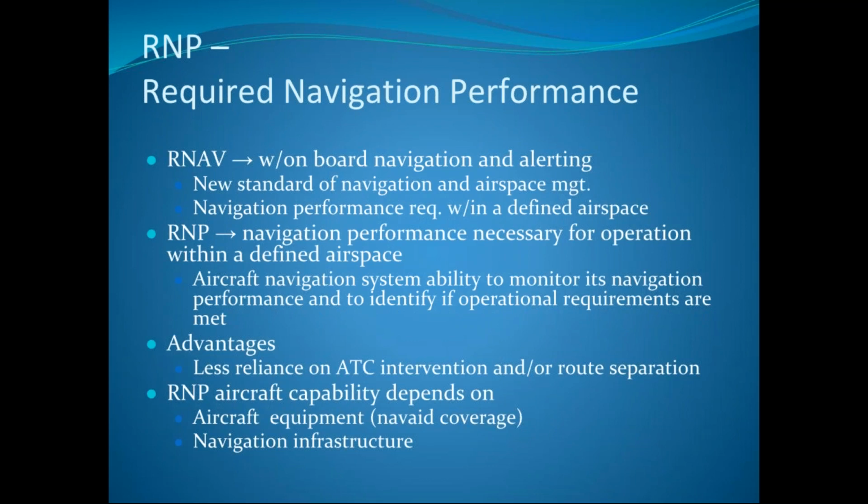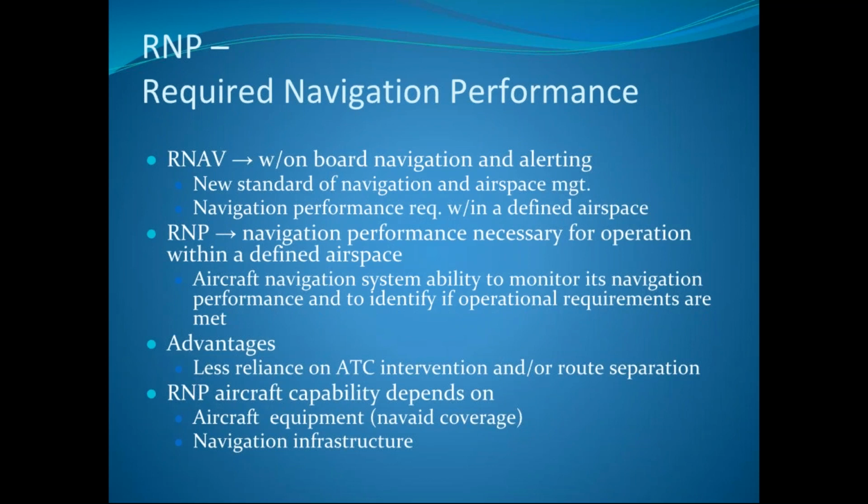It gives us navigation performance necessary for operation within a defined airspace. So we're talking Class B. Let's think about stuff like that. Aircraft navigation systems have the ability to monitor their own navigation performance and identify if operational requirements are being met.